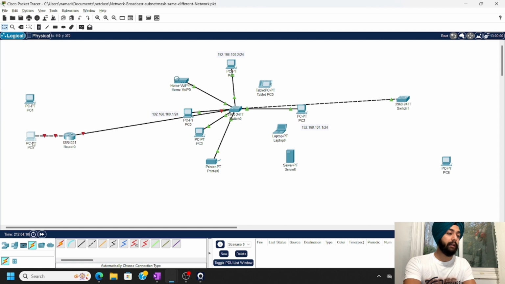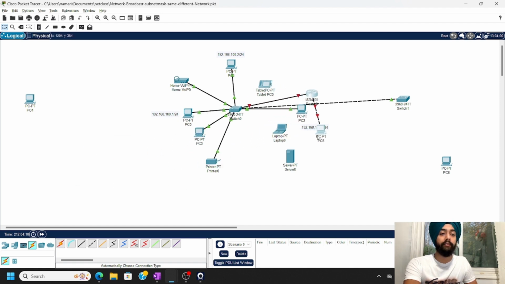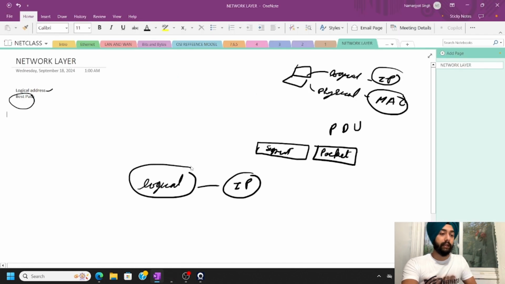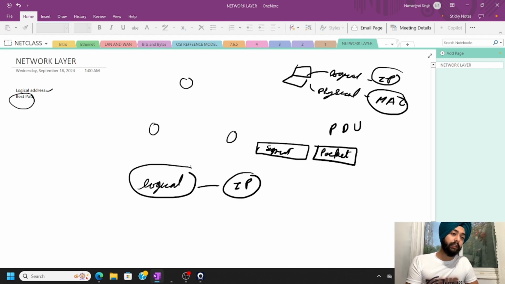So this is a remote branch. Let's say we have all this interconnected and we are having a lot of routers connected with it. We have router 1, router 2, router 3. When I'm talking about the internet, this is a very good analogy of the internet, and all these routers are connected.